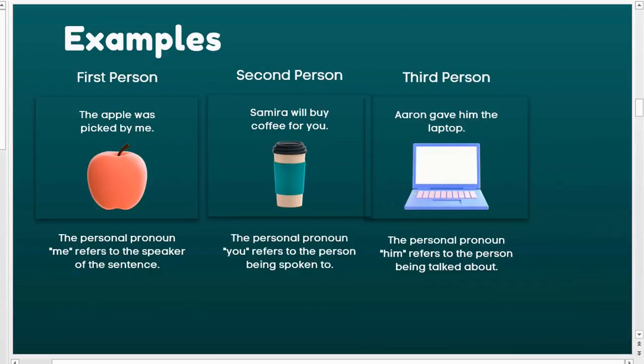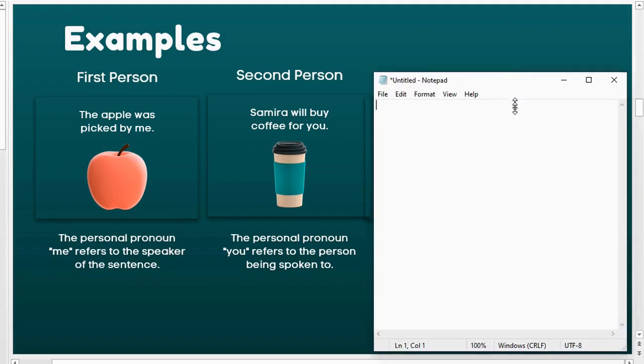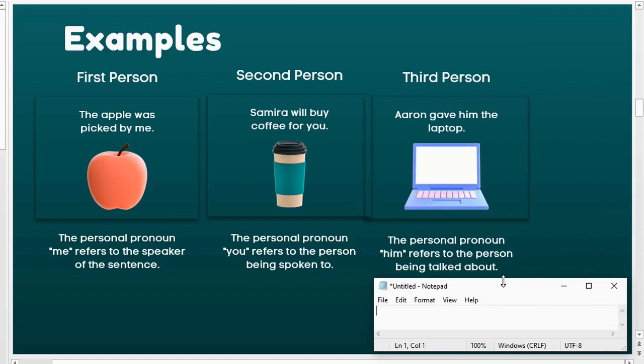Next slide, an example of first person, second person, third person. The apple was picked by me. First person means I'm talking about myself. "The apple was picked by me" refers to the speaker of the sentence, the person who is talking.